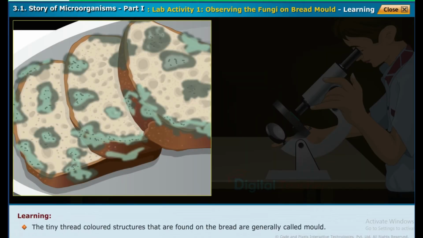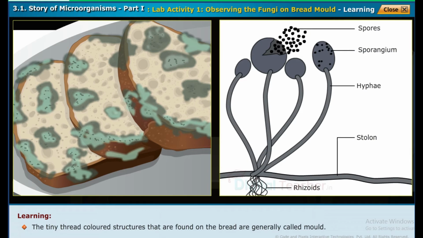The tiny thread-like structures that are found on the bread are generally called mould. This mould develops on the spoiled material and it has the capability of producing new mould.